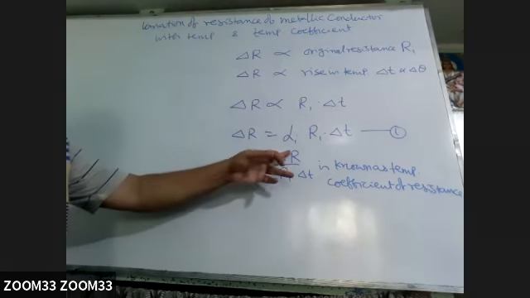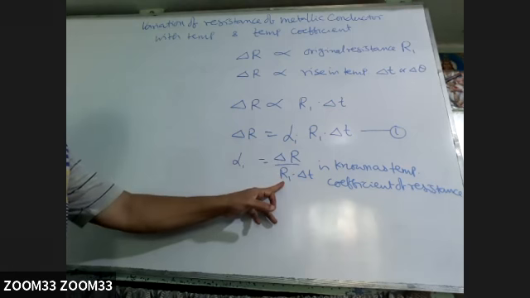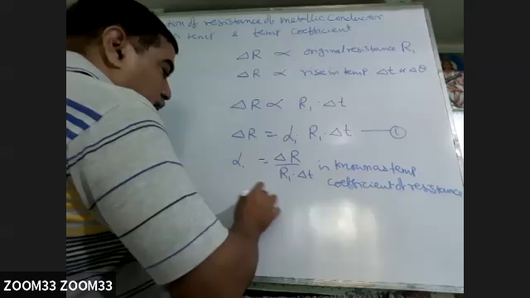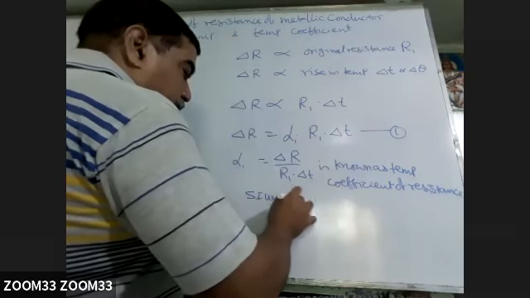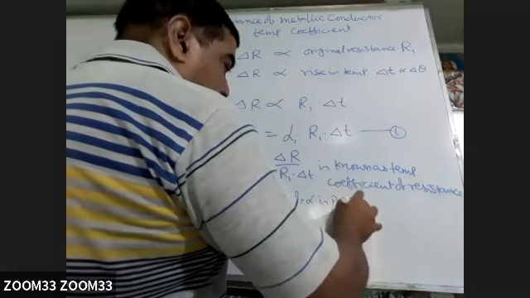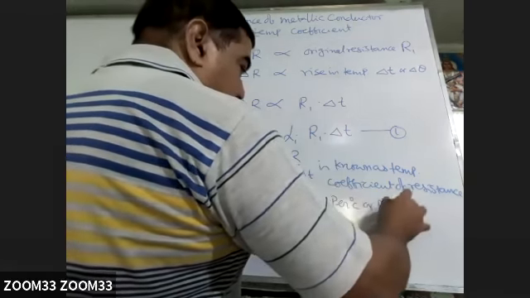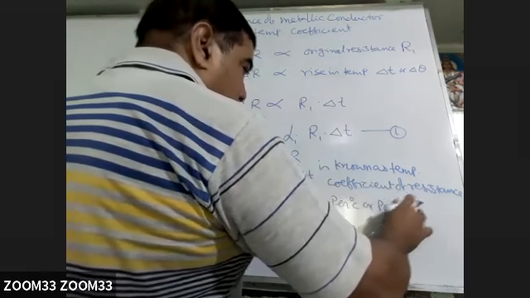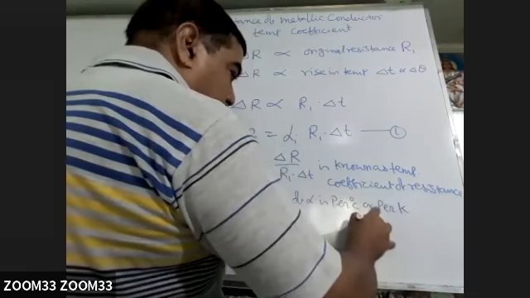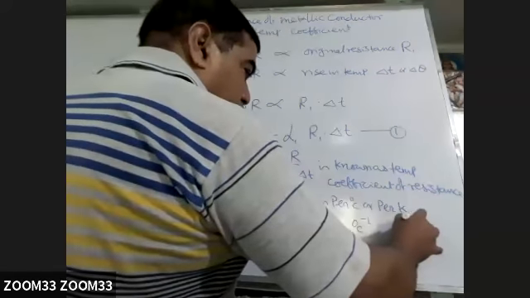Delta R is in ohm, R is in ohm only, per change in temperature, per degree Celsius or per Kelvin. So the SI unit of alpha is per degree Celsius or per Kelvin, degree Celsius to the power minus 1 or Kelvin to the power minus 1.